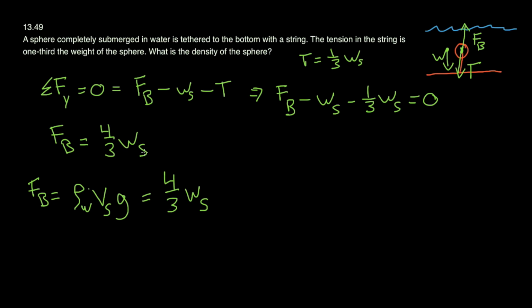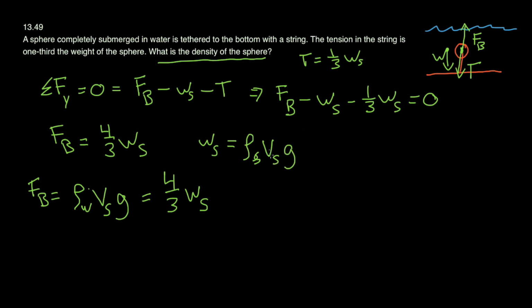But we also know the weight of the sphere can also be written in terms of the density times the volume times the gravity. And so the weight of the sphere can also be written as the density of the sphere, which is nice because then this is what we're trying to figure out, times the volume of the sphere times gravity, right?